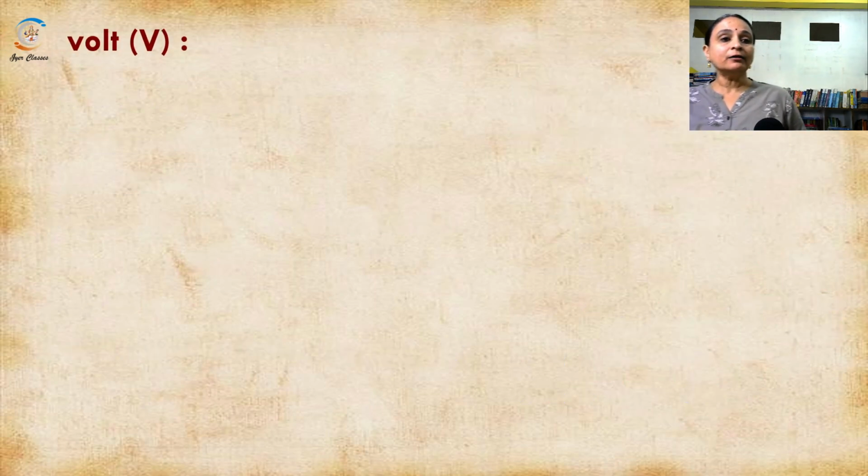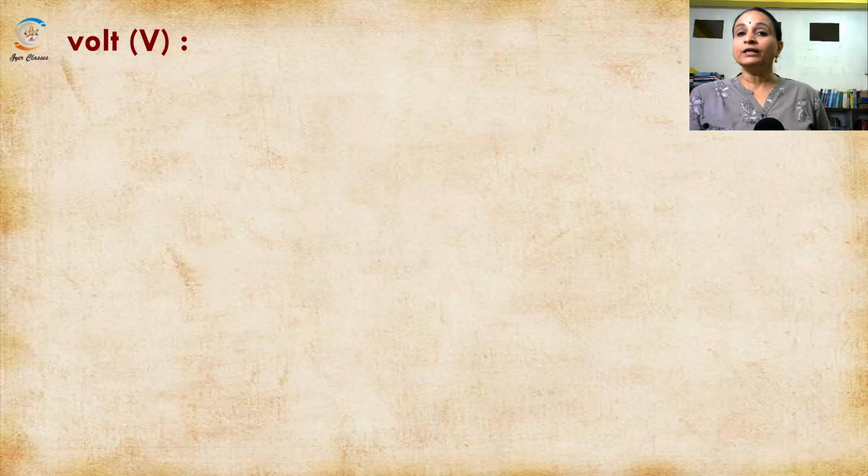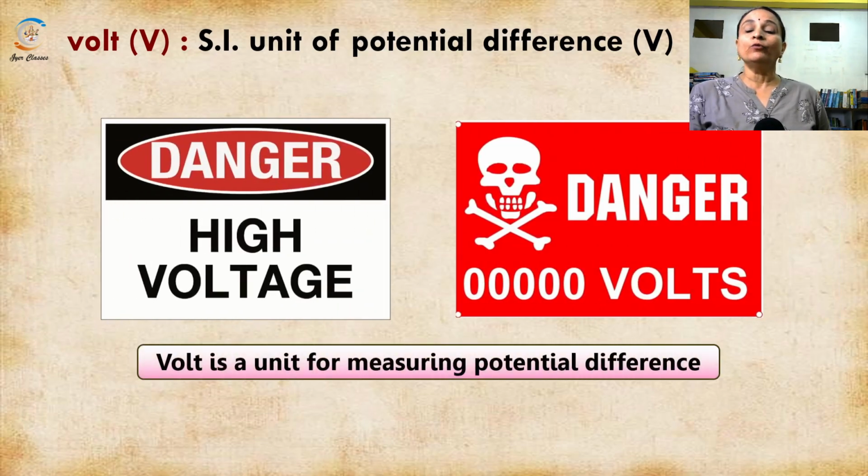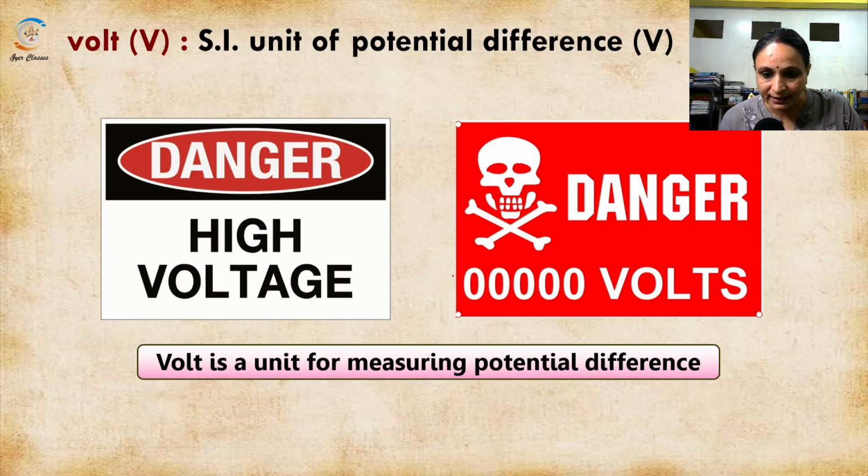Now we'll talk about the unit which is volt. Volt is the unit of potential difference as well as potential. Now on high voltage signs it is written, high voltage danger 10,000 volts, not 000, it is 10,000 volts. So what is the unit volt?